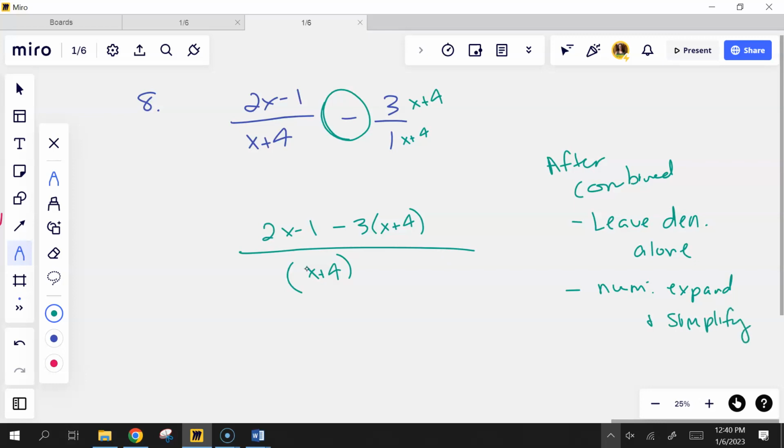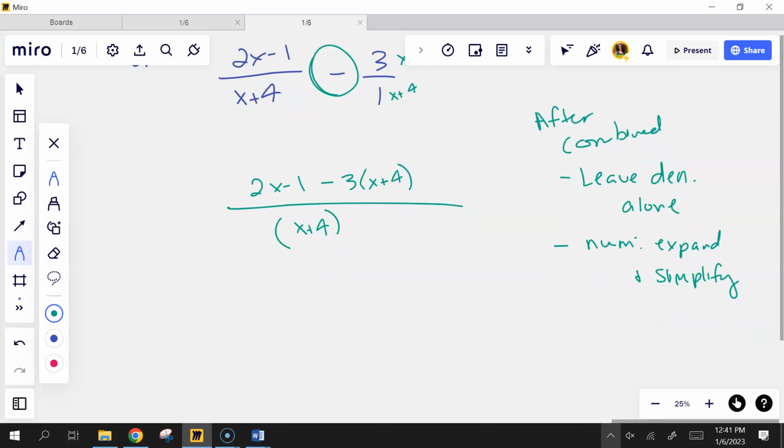The reason is, I can't start scratching things out because all of my plus or minuses look up top. They're not enclosed in parentheses anymore, and I'm going to have to simplify this. So before I can simplify, I'm going to have to expand it out and then shrink it back down, and then I can simplify. Let me show you what I'm talking about.